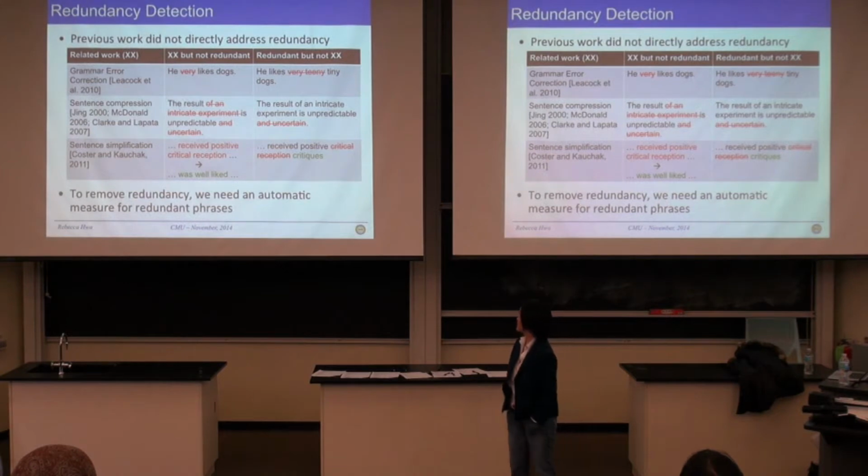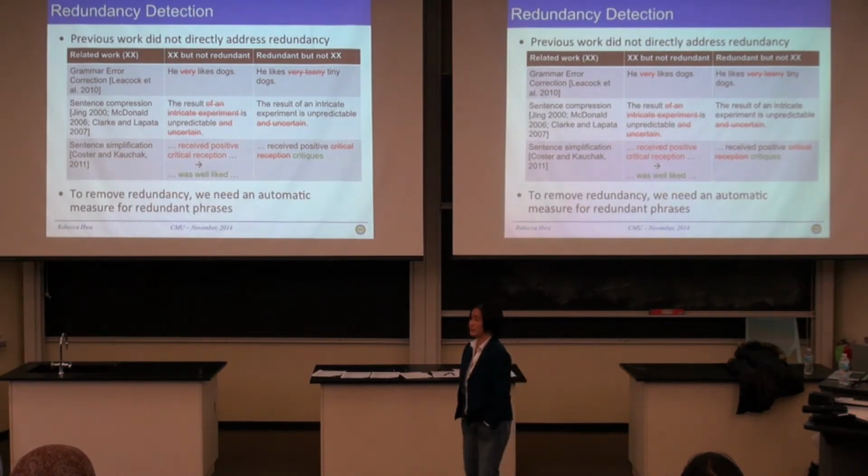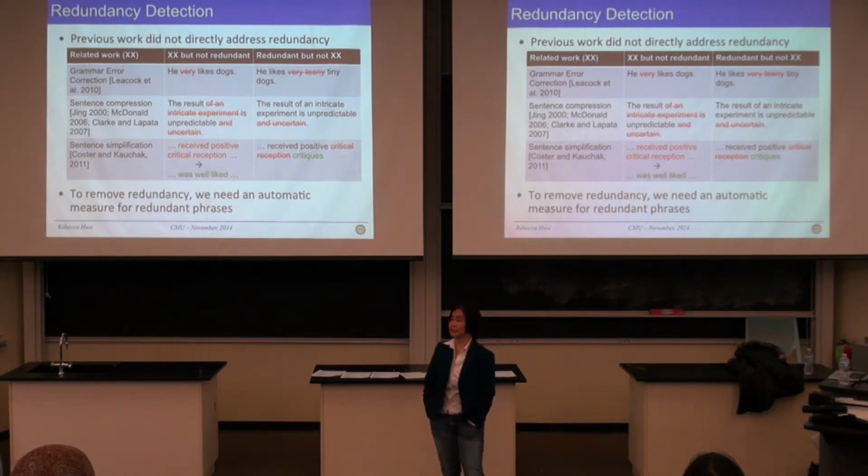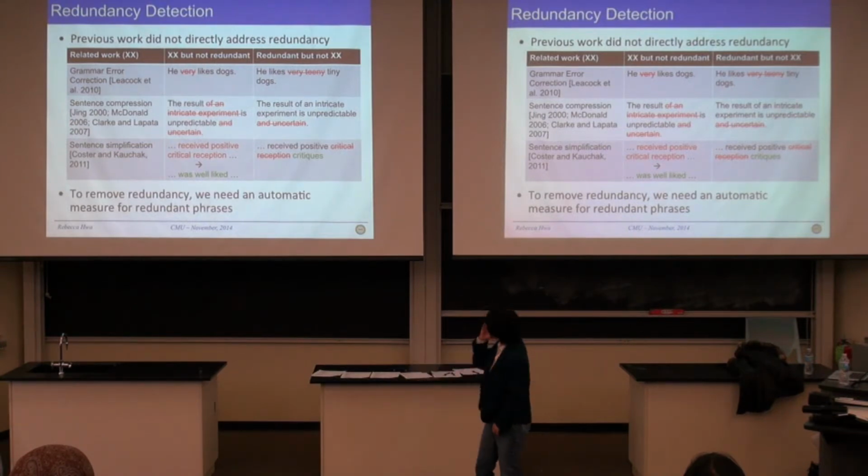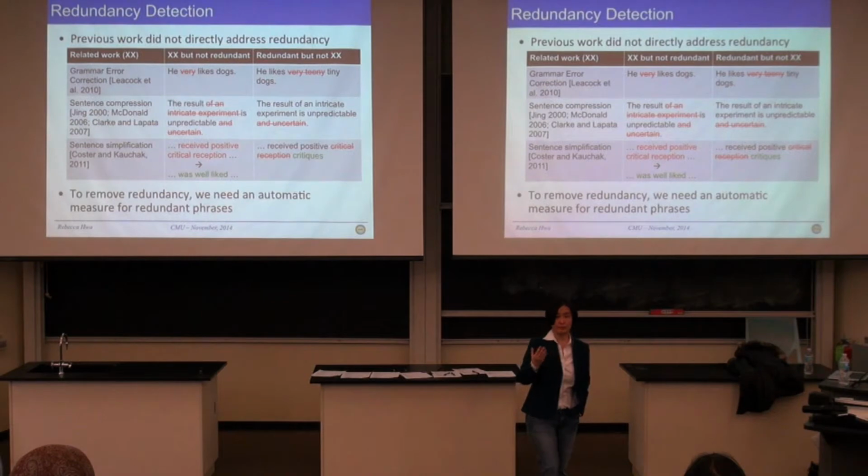It's also not sentence compression, in the sense that sentence compression is happy to cut off extraneous information that may be considered true detail. Whereas for our task, if it's detailed but relevant, we want to keep it. So in this example, "the result of an intricate experiment," you can say maybe intricate is irrelevant, or maybe even the experiment is irrelevant if you're summarizing and compressing.